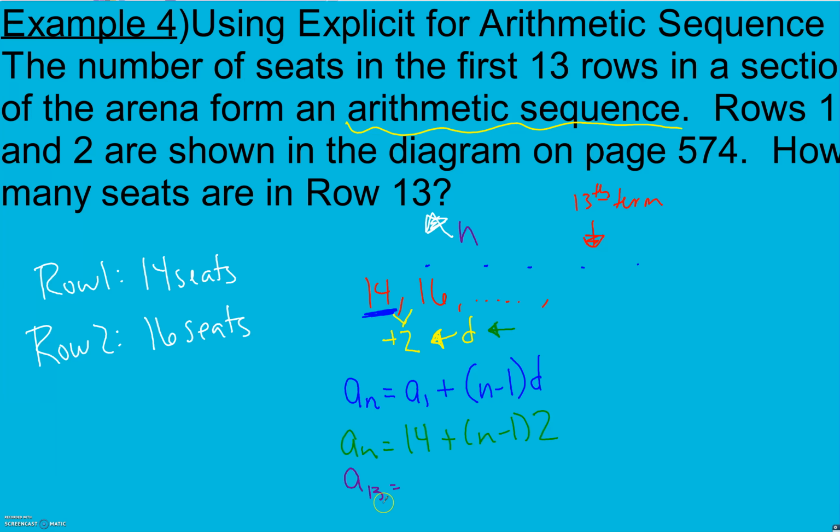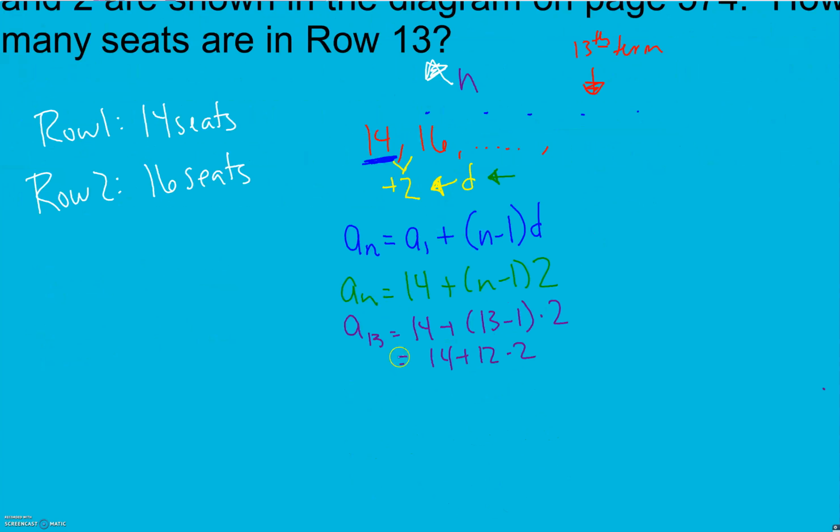And the value of our 13th term is 14 plus 13 minus 1 times 2. We're just going to simplify here. And we get 38. So how many seats are in row 13? We get 38 seats.